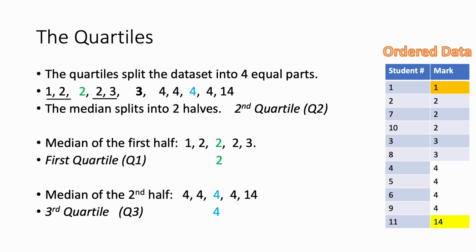As we can see, when it splits the upper half into two parts, 3/4 of the data falls below Q3. You can verify it yourself by pausing the video, but below this blue 4, 3/4 of the data lies. This is why it is called Q3, or third quartile.